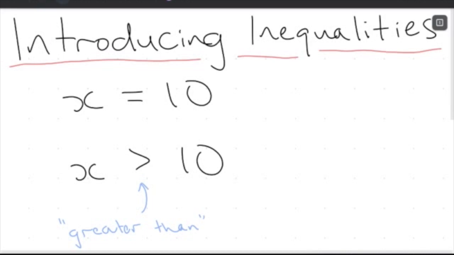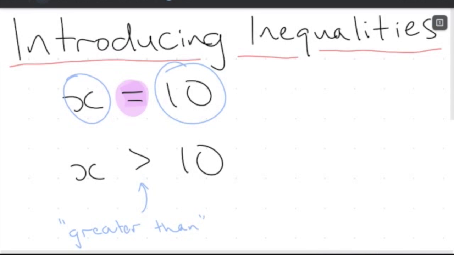Now, this first thing at the top has an equal sign. This is what we call an equation, right? We've been working through these for a very long time. What this basically tells us is that this side is the same as this side. There is an equality there. When we talk about equality, we just mean the same, right?